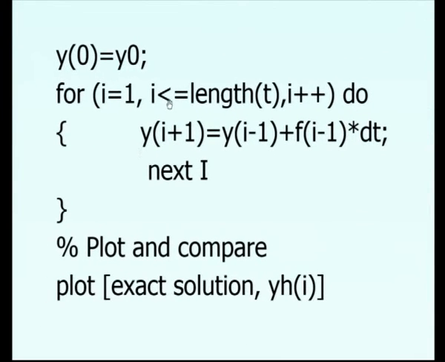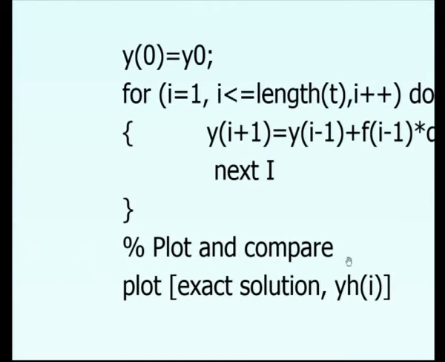Then this is the main code, a very simple two line code of Euler's method: for i equal to 1 and i less than or equal to the maximum iteration, i plus plus increment, do this: the approximate solution y at i plus 1 is evaluated in terms of the y value at the previous i and the f value at the previous point, then next i. Finally, once you get it, plot the exact solution and the approximate solution.